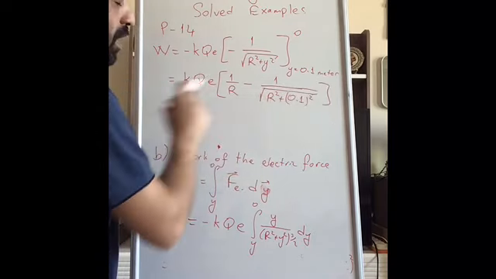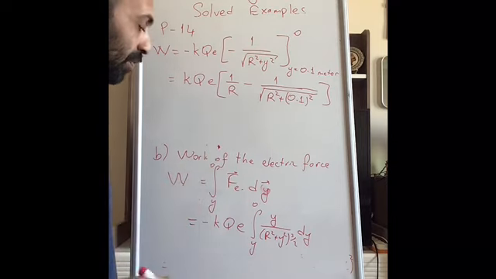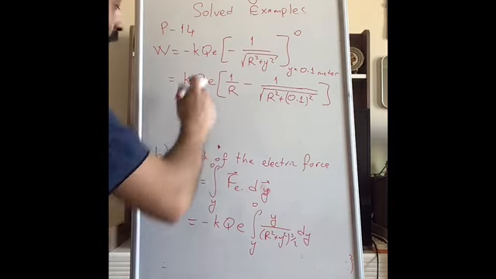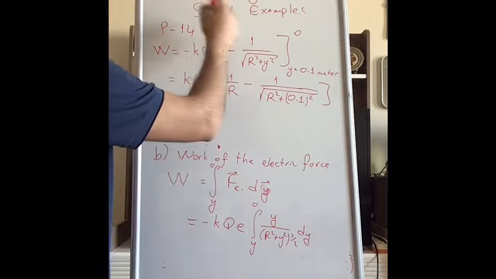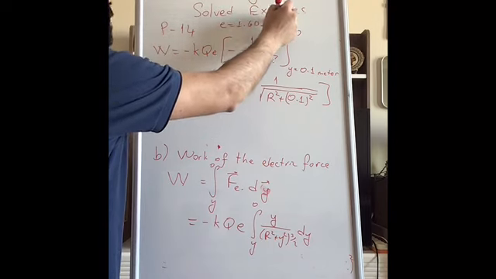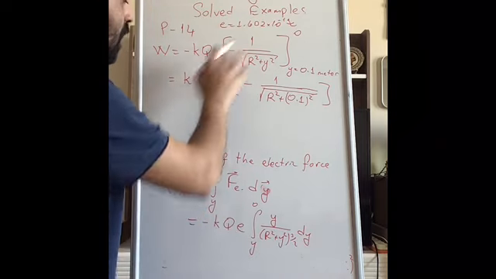R is also given, 25 centimeter, so 0.25 meter. If you plug in the numbers, just let me remind you, E is equal to 1.602 times 10 to the minus 19 coulomb, and I already put the negative sign out of it, so it is positive here.